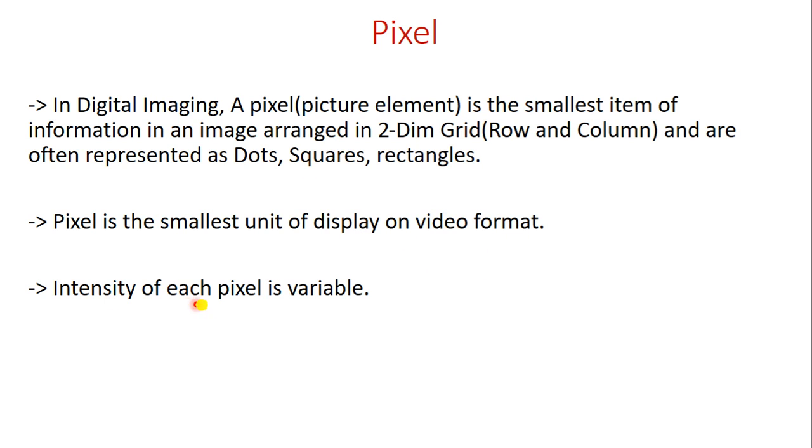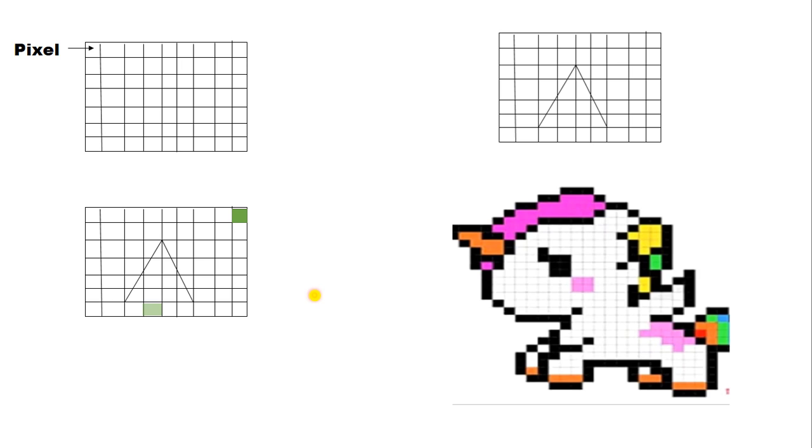The intensity of each pixel is variable. Here I have put one color as dark green, and here another color, light green. If you want the dark green, what will you do? You will decrease the intensity.